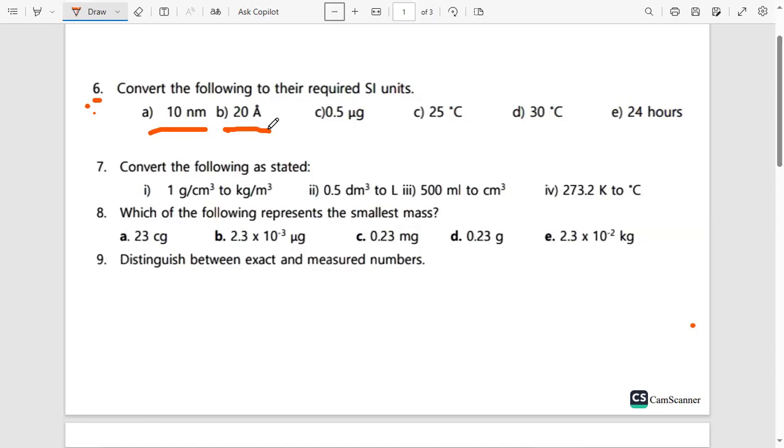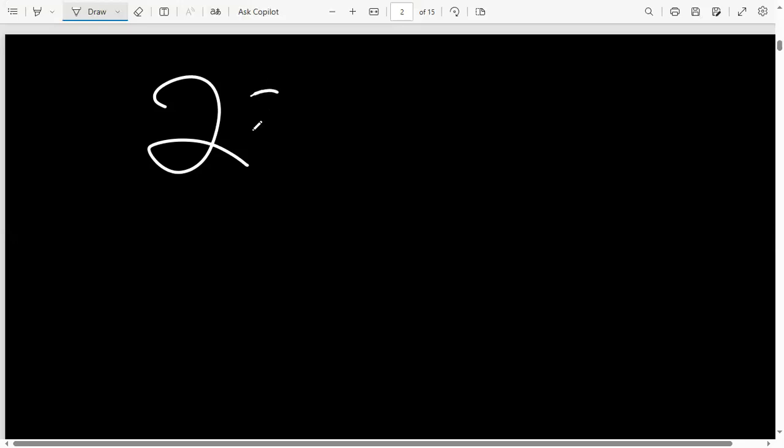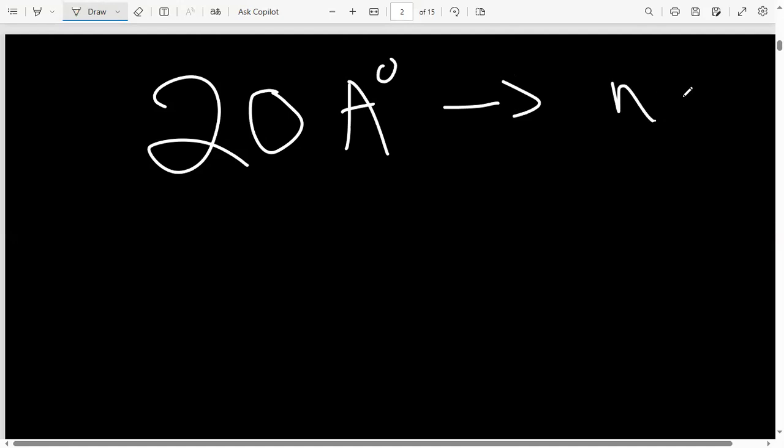Angstrom is used to measure length, and it has a fixed definition that you have to know by heart. So let me write it here. We want to change 20 angstrom to its SI unit, which is the meter.